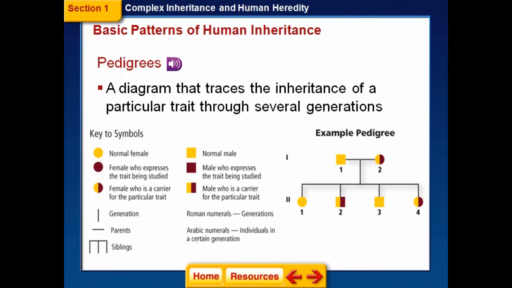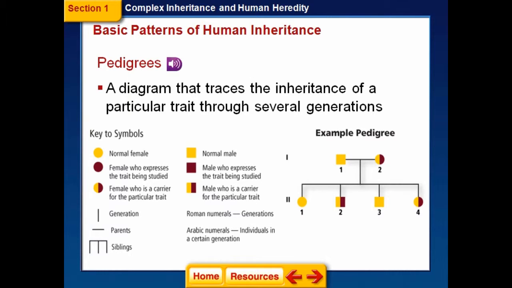As you can see down below, on the right, it shows the first generation. Squares are males, circles are females. If they're completely orange, they're normal. They don't have the trait.